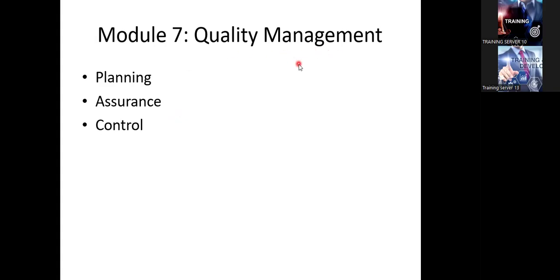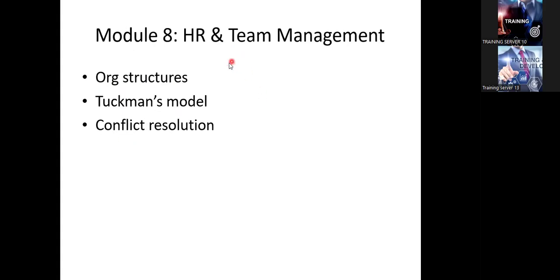Here we have quality management: planning, assuring and controlling. And here finally we have to work with HR, because HR are the capital of the staff that will work with me in order to achieve the goals which we are planning for.